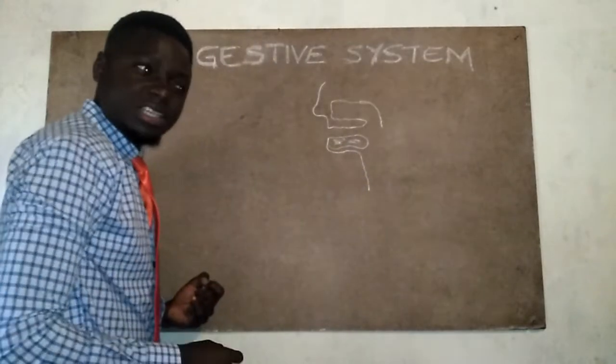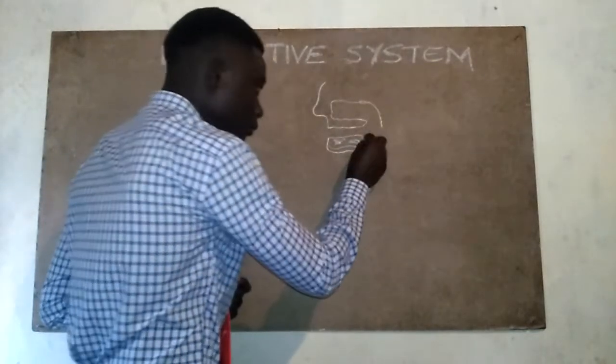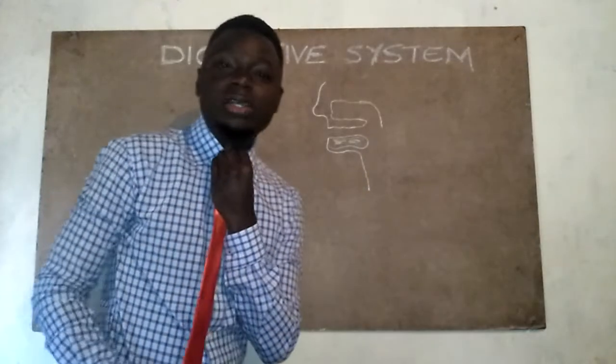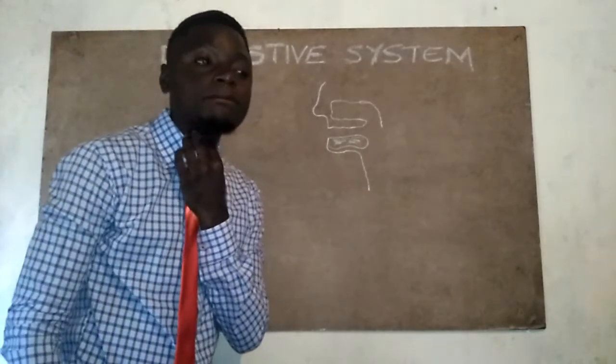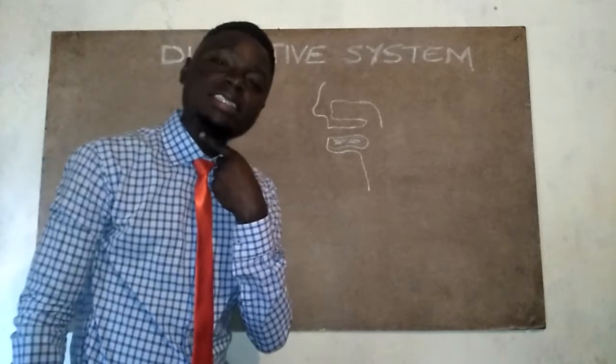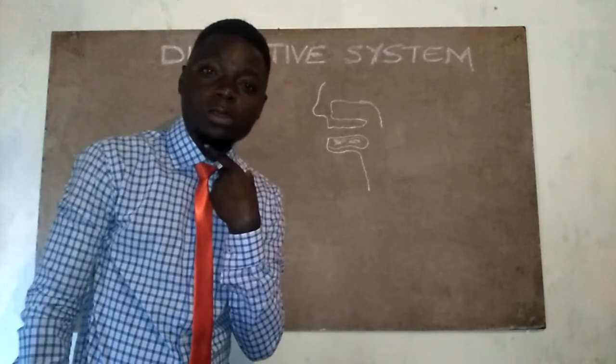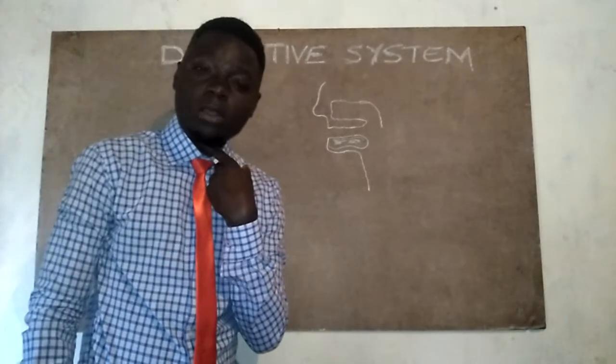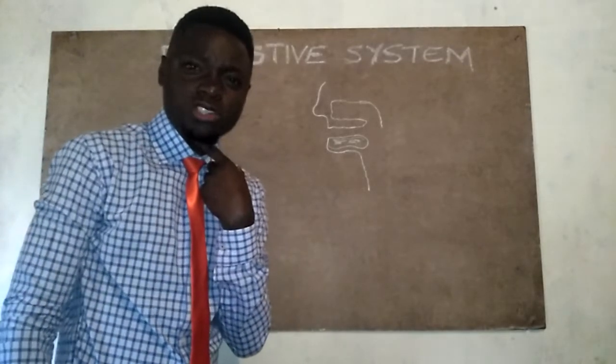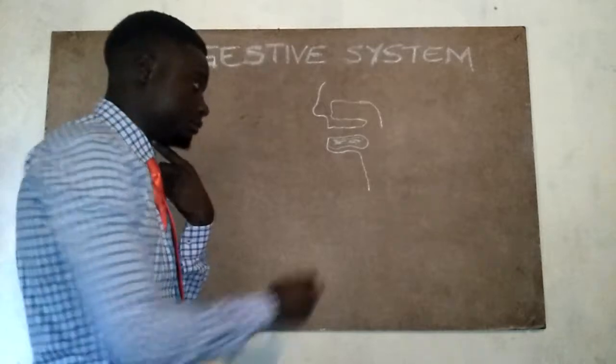And the tongue is continuous with the larynx, because your larynx is going to be here. The larynx contains the vocal cords, and the vocal cords are going to control your speech, sound production.